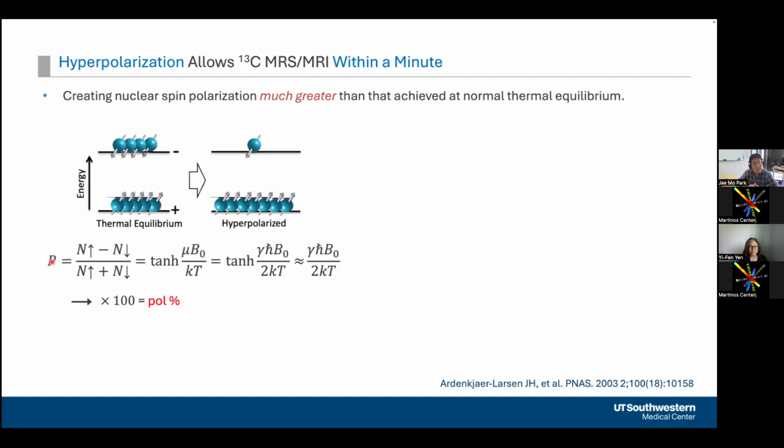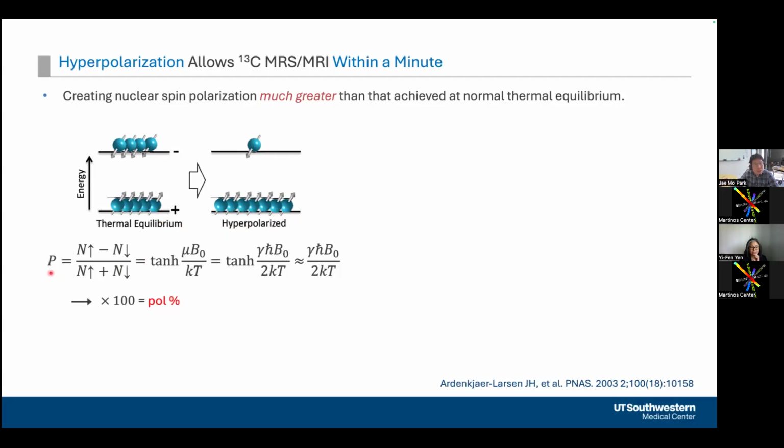The MR signal is proportional to the polarization term here, P. And this P is proportional to the population difference between these two energy levels divided by the total population. So there is a relatively small population difference under thermal equilibrium, but once you make it hyperpolarized, the population difference is much bigger.